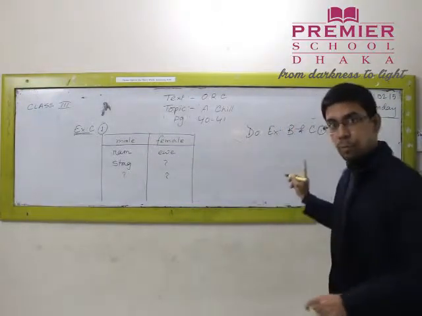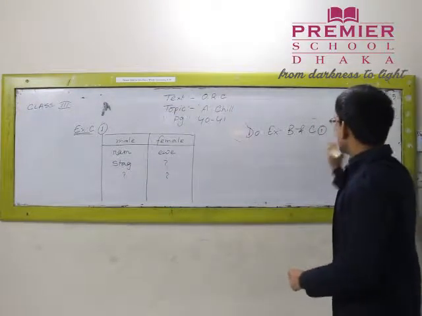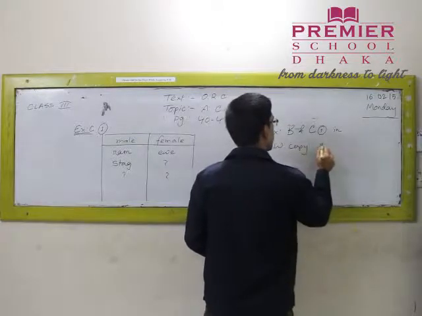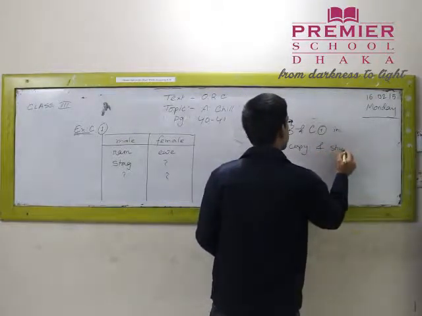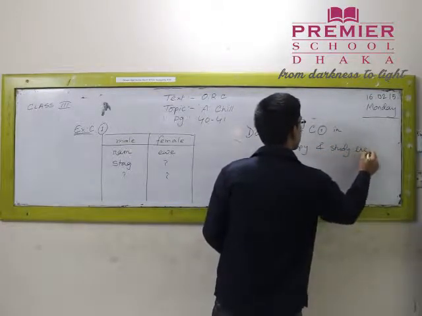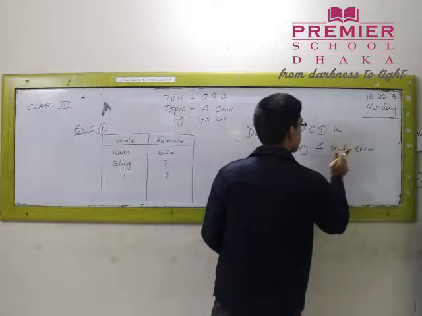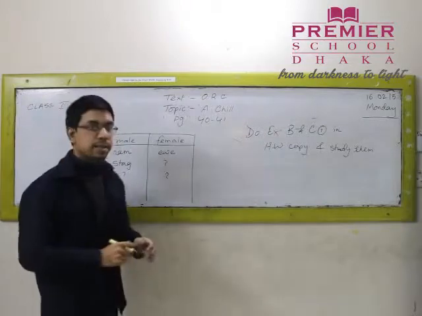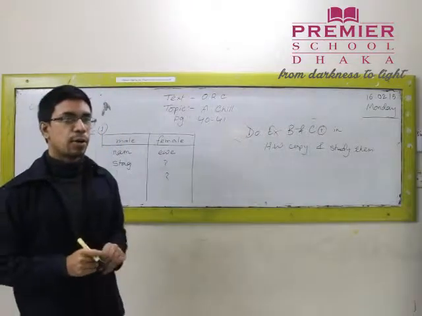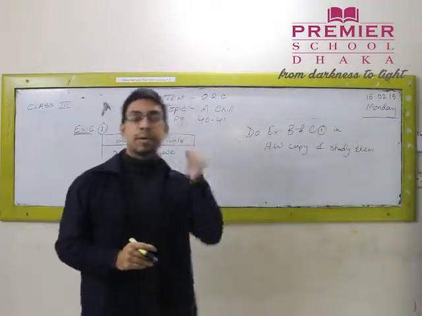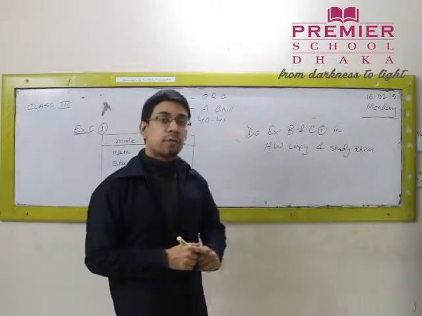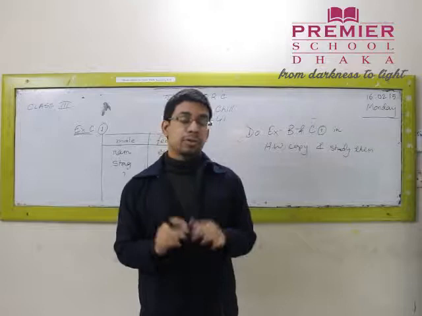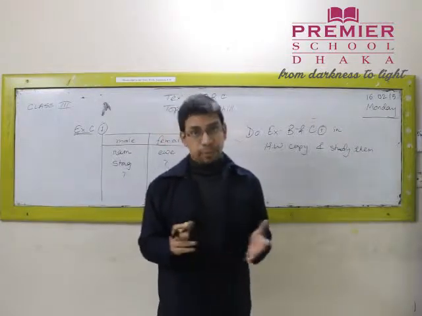We're working on C1 in homework copy, and study them. Alright, you must study them as well. Exercise A, B, and C, study them all. And we have given the requirements and the syllabus for the class test coming next week after this Friday. Make sure that you learn those too and be ready for the test.